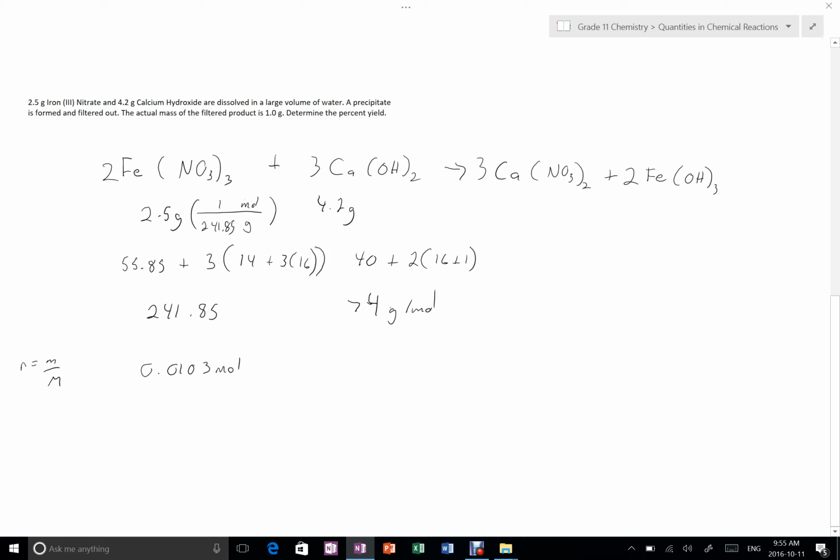Obviously I have a lot less of this than I have of that, so this is going to be my limiting reagent, but I could also divide by 2 and divide by 3 to just make sure that's the case. This one worked out to be 0.0189, so that one could do 0.0189 moles of this reaction.